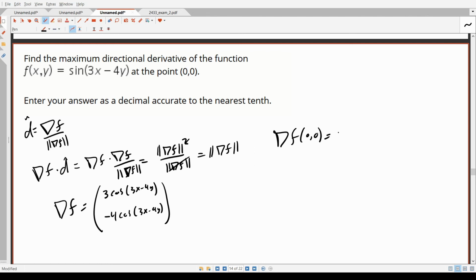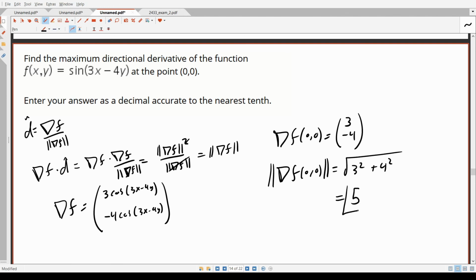So that's cosine of 0, it's going to be 3, and that's going to be minus 4. Okay, so the norm at this point is going to be square root of 3 squared plus 4 squared, right? So that's a 3, 4, 5 triangle, so this is going to be 5. And that's my answer.